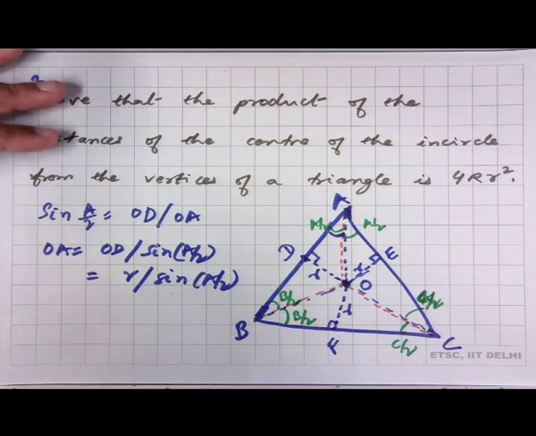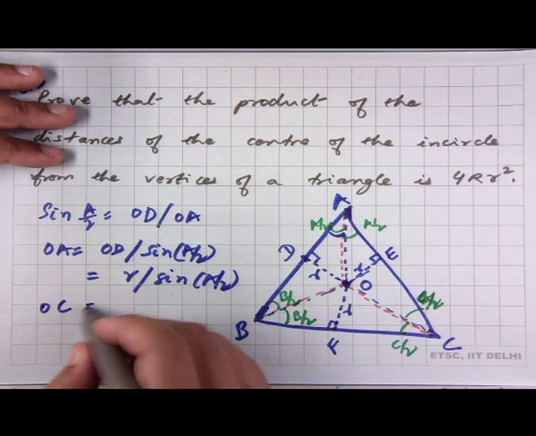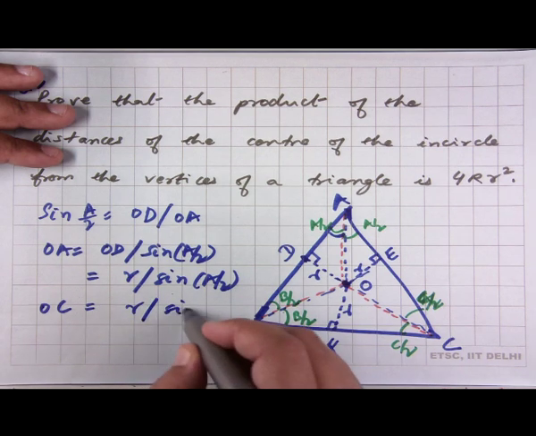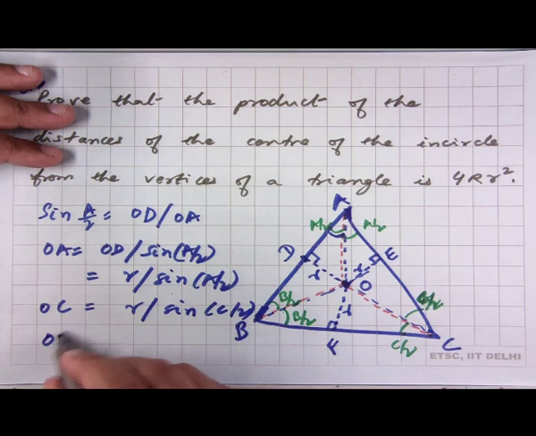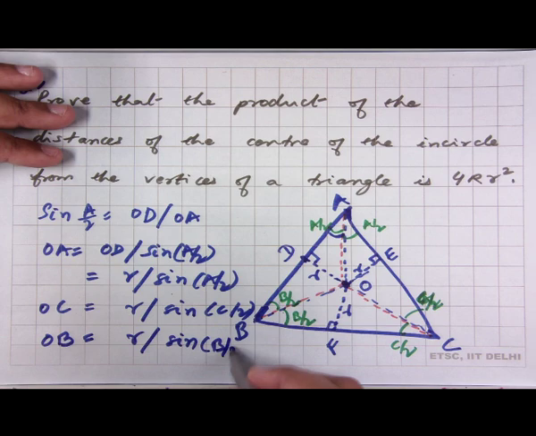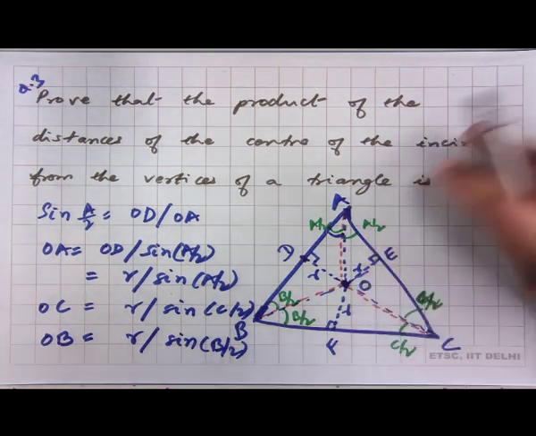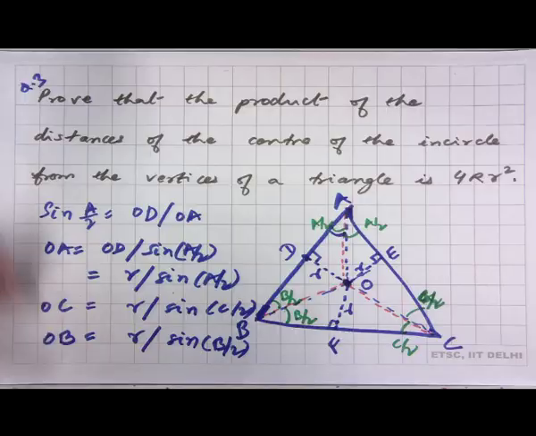In a similar manner, we can show that OC is equal to r upon sine of C by 2 and OB is equal to r upon sine of B by 2. And now the question is asking us to take the product of these three lengths OA, OB and OC.